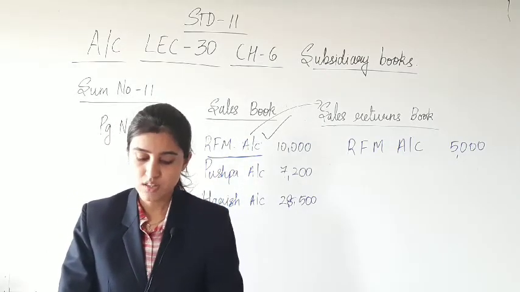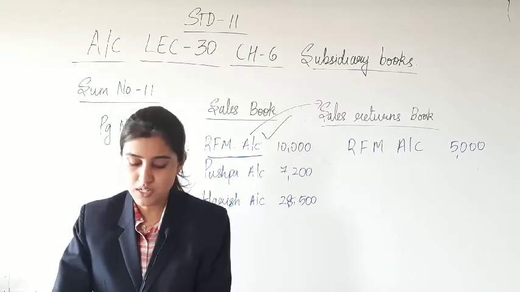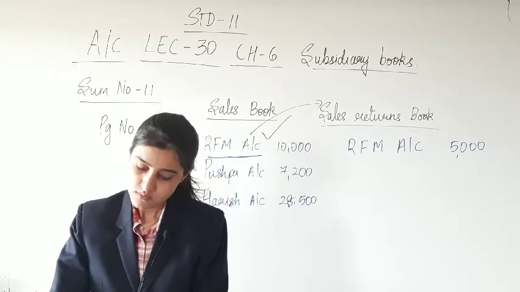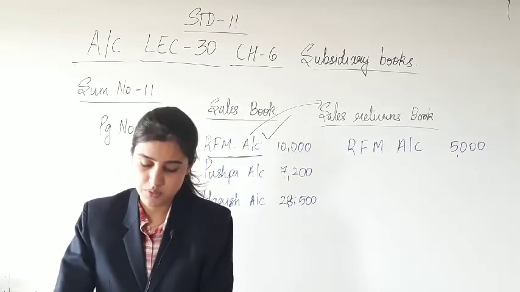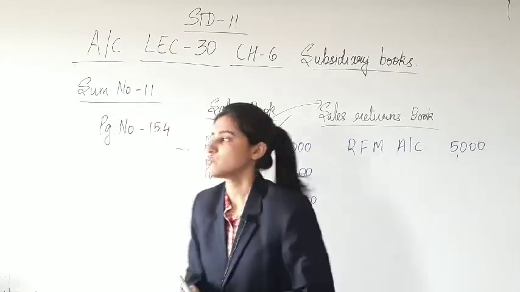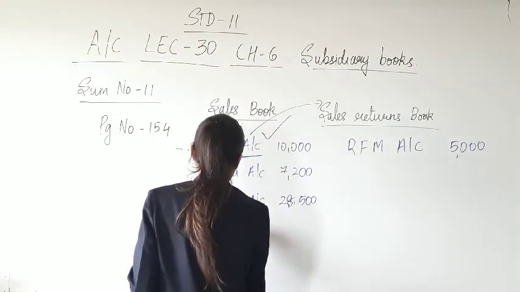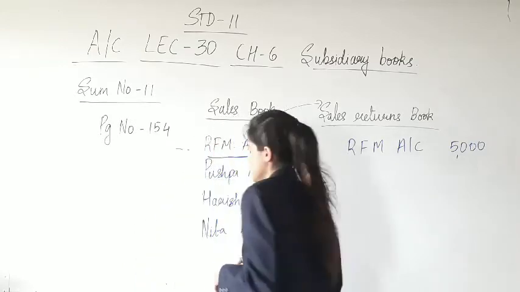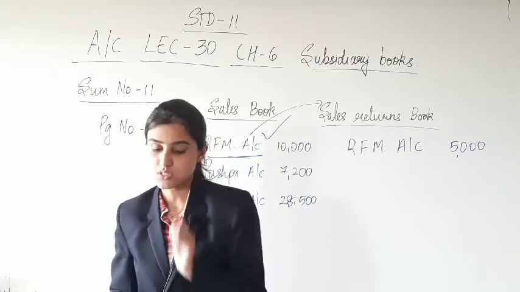Next, on 23rd of September, goods sold of rupees 20,000 to Neeta on credit of 1 month. Trade discount is 10% and cash discount is 10%. Goods have been sold to Neeta. Name of customer, Neeta. It is of rupees 20,000, 10% trade discount.